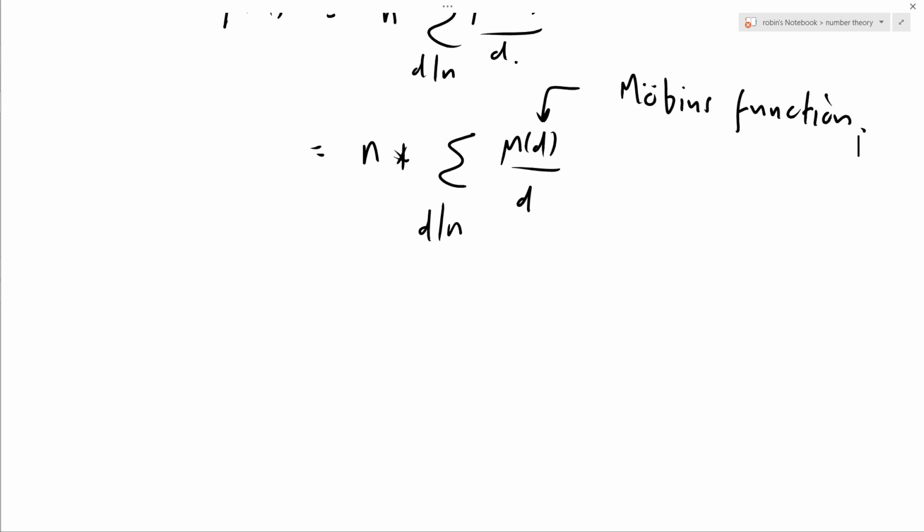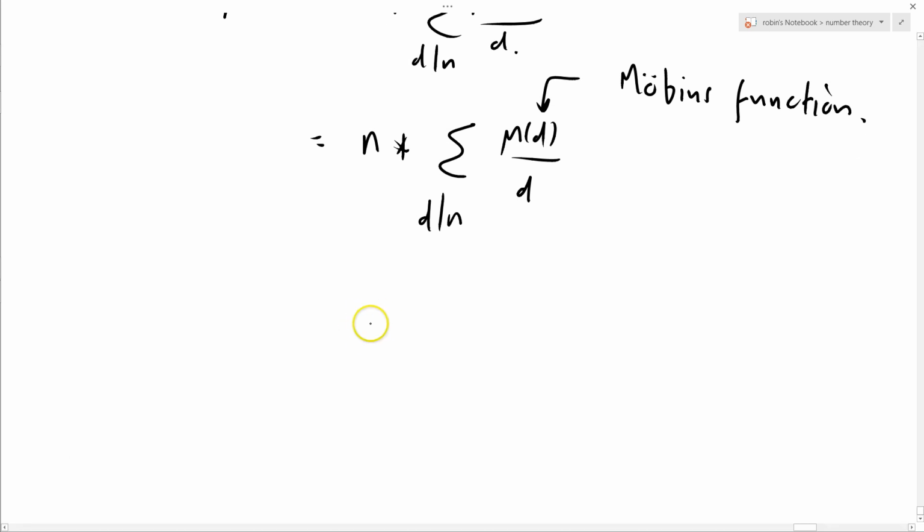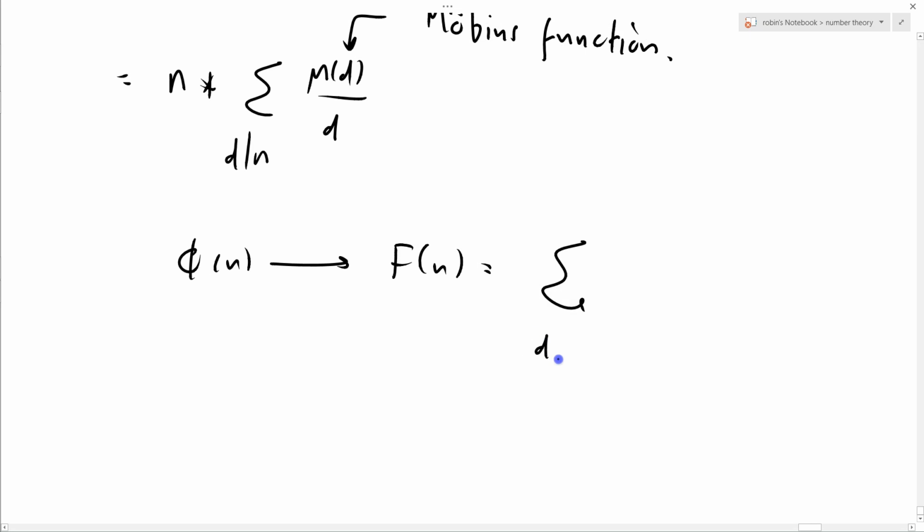Well, I'm going to remind you that phi of n is multiplicative, and that tells us that F of n, the sum over d divides n of phi of d, is also multiplicative. And we established in the last screencast that this equals n.